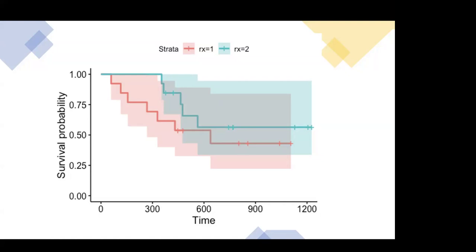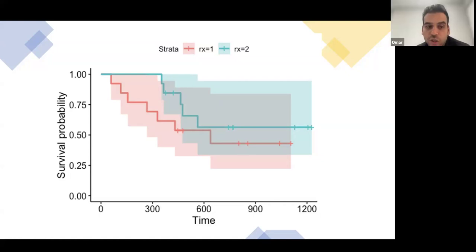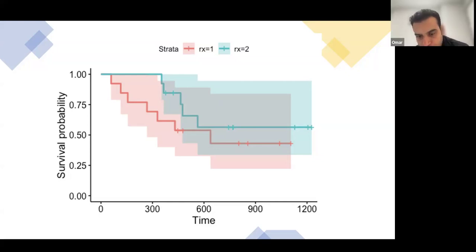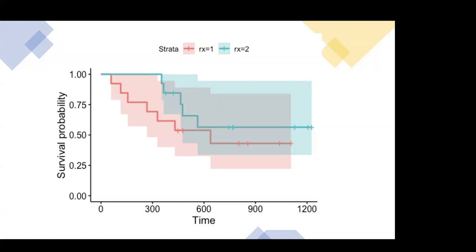The green one. Okay, good. Why? Because at any point of time, you have more survival probability compared to the red group. And at the end, which is at 1200, I'm not sure about the unit, you have more than 50% survival probability in the green group and less than 50% survival probability in the red group.